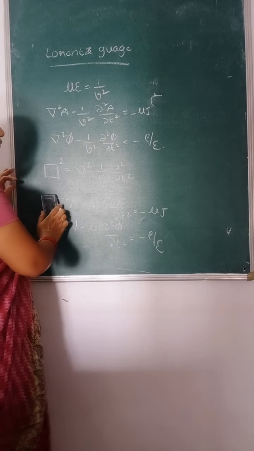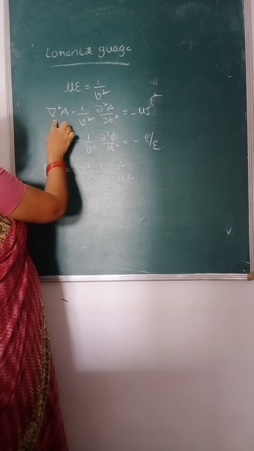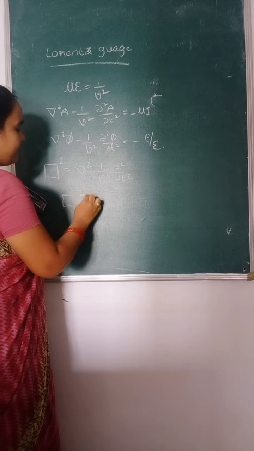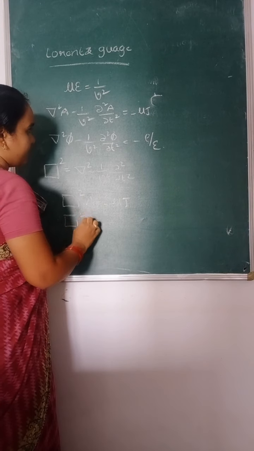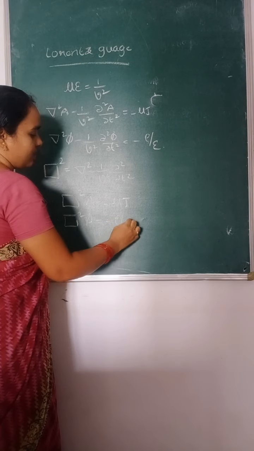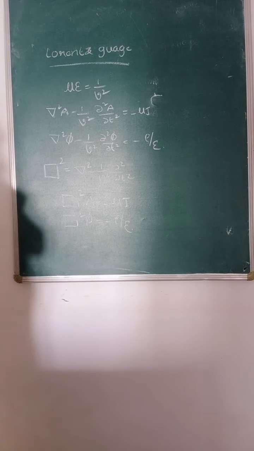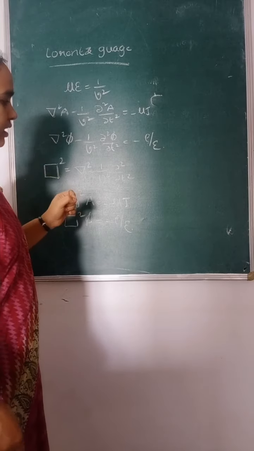Then the above two equations are converted as: D'Alembertian of A is equal to minus mu J, and D'Alembertian of phi is equal to minus rho by epsilon, which are called the simple Poisson's equations. These are derived using the D'Alembert operator.